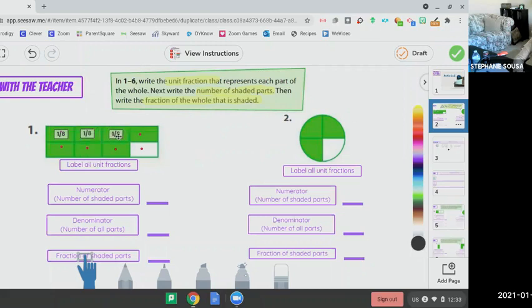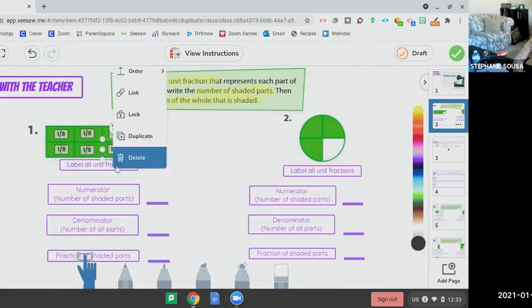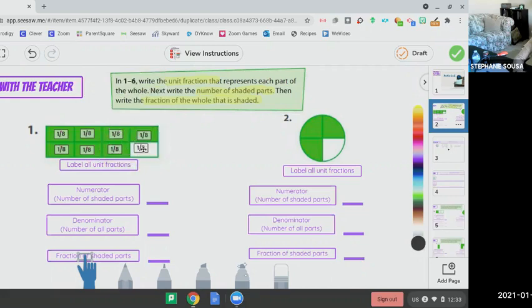I have 1/8 pieces. Go ahead and do the same on your screen. This will help us understand how many of the pieces are going to be in our fraction of shaded and total.